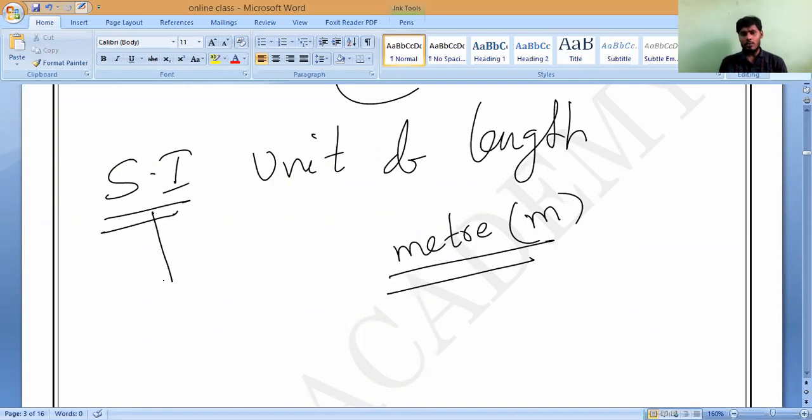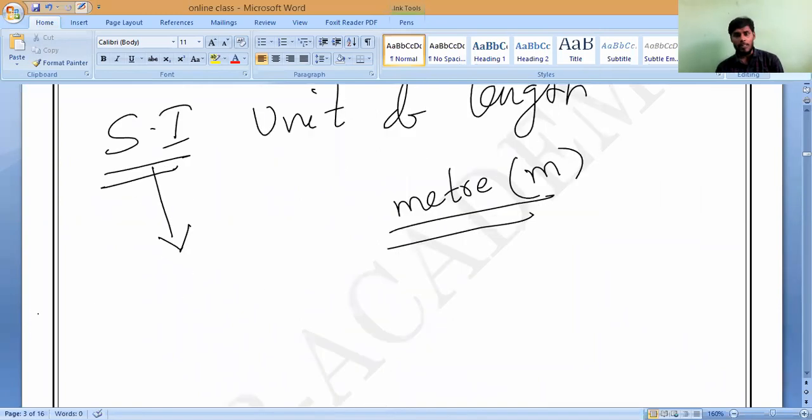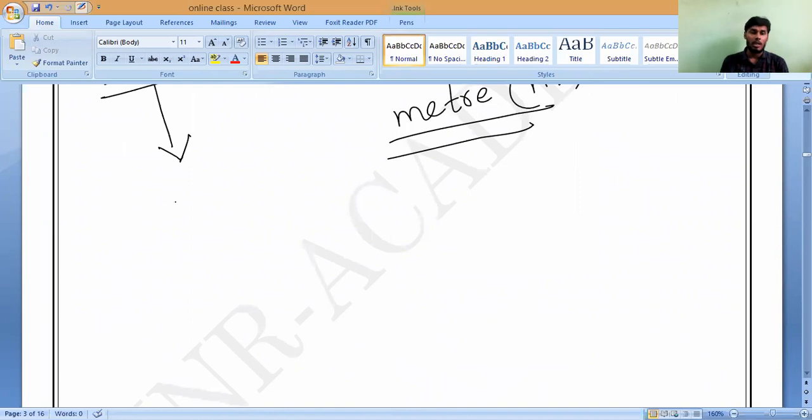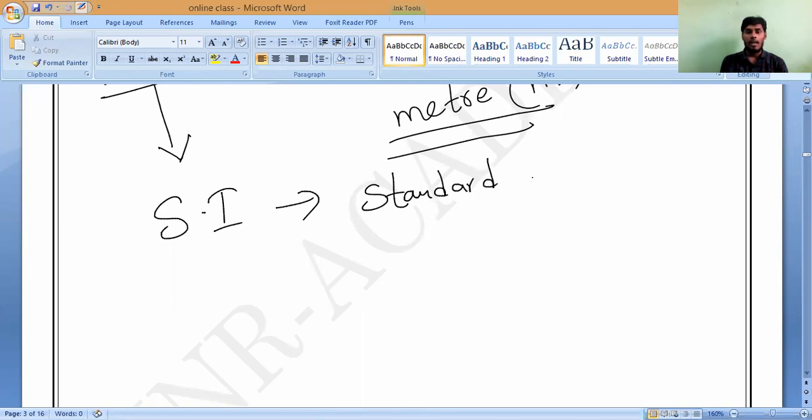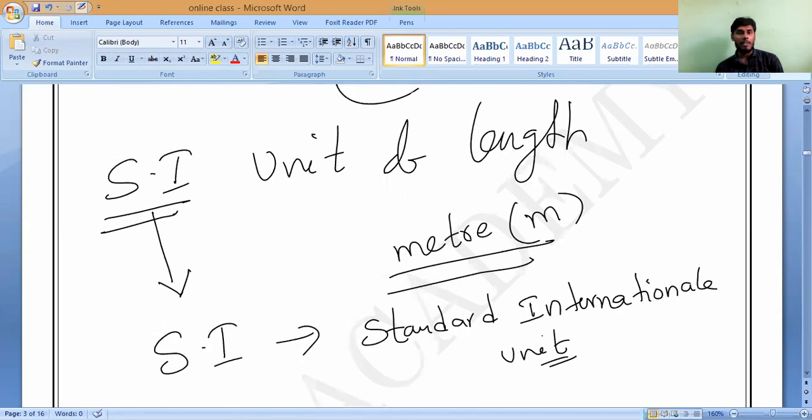So what is the SI unit? Please all of you remember, very, very important. SI unit means standard international units. The full form of SI unit is standard international unit.